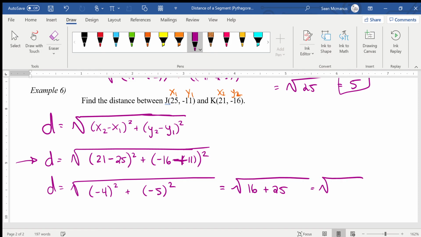So my final answer is the square root of 25 plus 16, 25 plus 16 is 41. That's not a number I can simplify to a whole number, and I don't want to make it a decimal. So the distance between them is the square root of 41 units. 6 times 6 is 36, 7 times 7 is 49, so it's between 6 and 7, 6 point something.